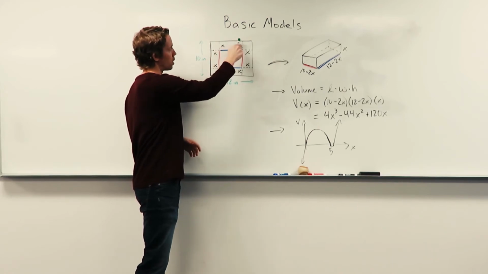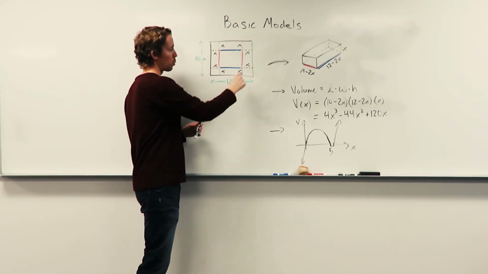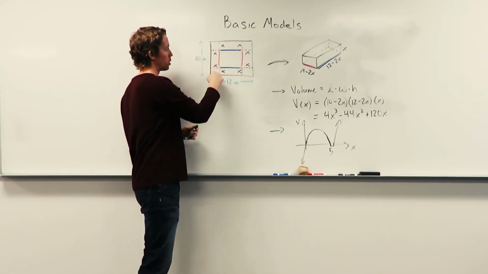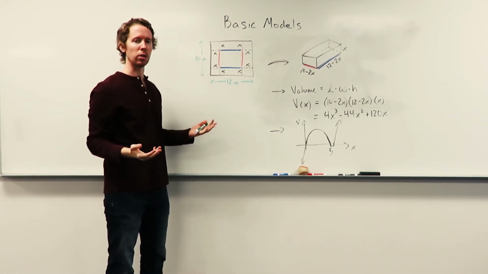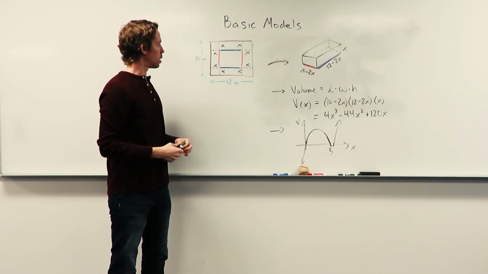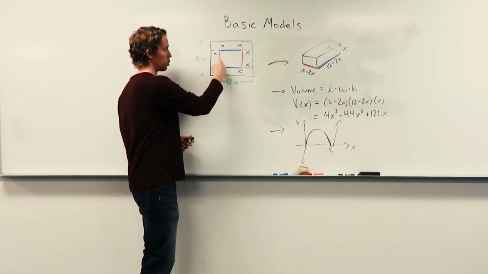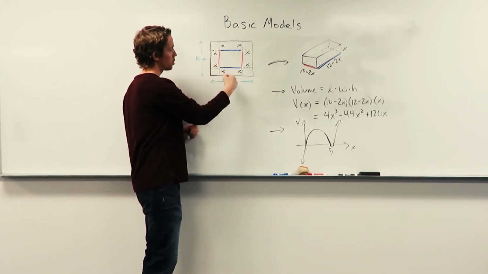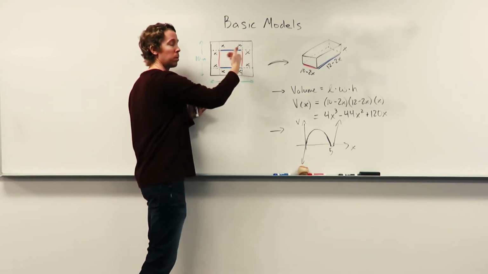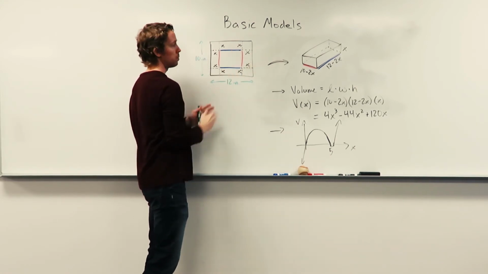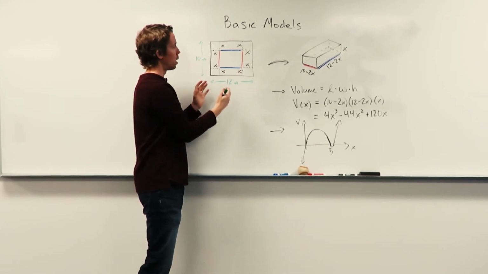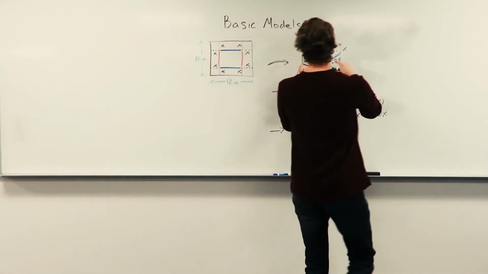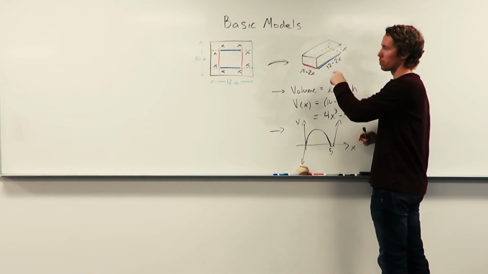We're going to make little squares in the corners, and after we cut out these 4 corners, which all have a length, I'm just going to call it x, it's all the same length, then we'll fold up on these red lines and these blue lines. So these flaps will fold up, and on the sides they'll fold up. The top of the box will be open. When you do that, this is the picture that you get.